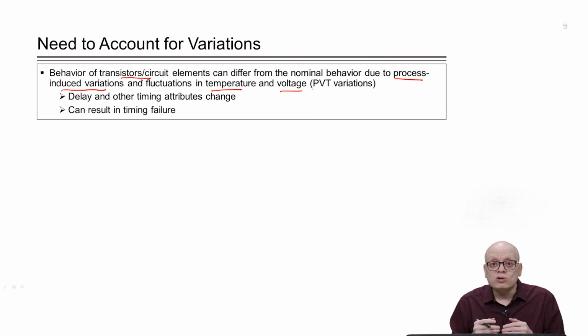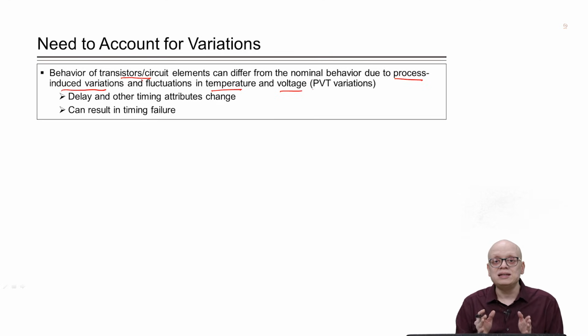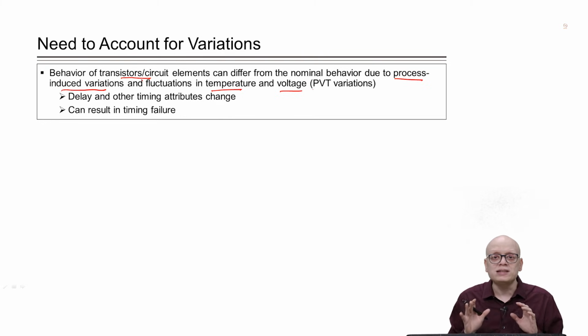Because of these variations in the delay, the constraints that were earlier passing can fail, because we did timing analysis based on our setup and hold analysis, we checked whether the inequality was being satisfied or not for the setup case and the hold case, and based on that we closed our design or considered our design to be timing safe.